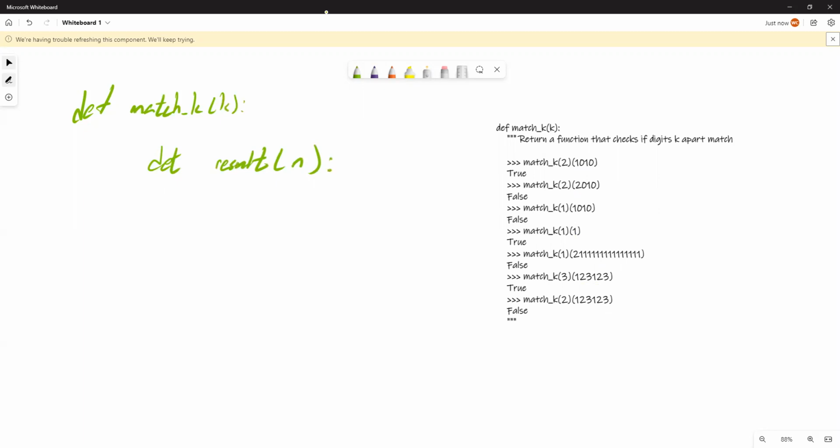If we define the inner function, we have to return the function name, or return the result. Okay, but now how do we solve this question? There are some skills you have to know.